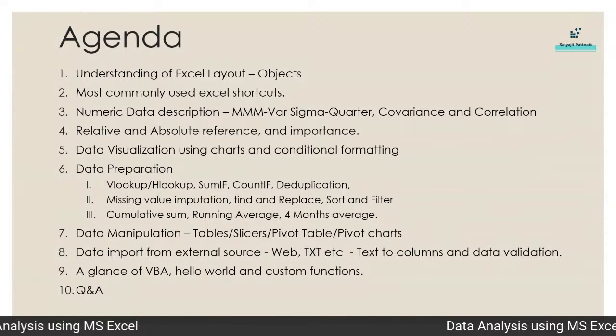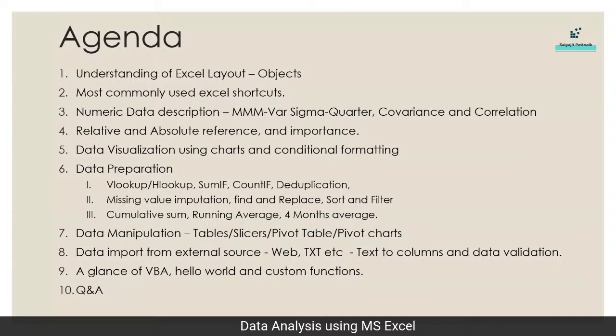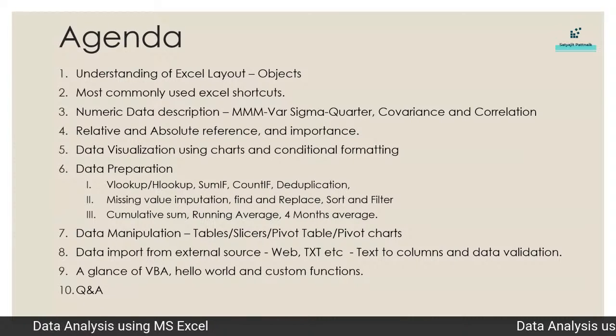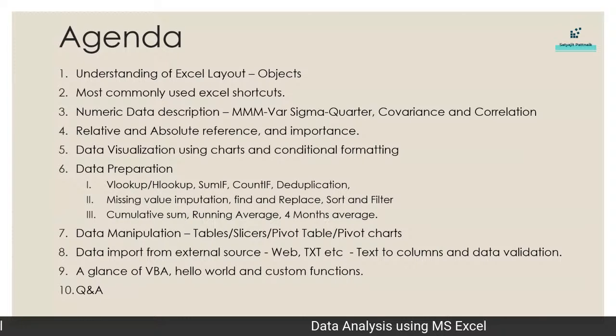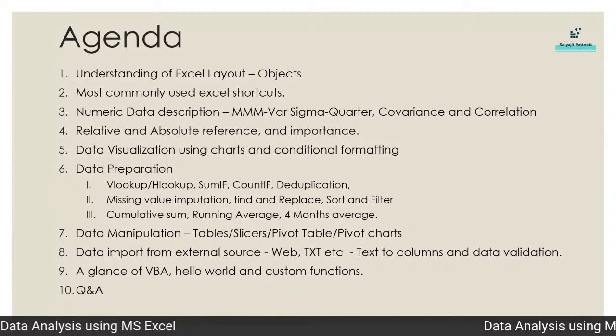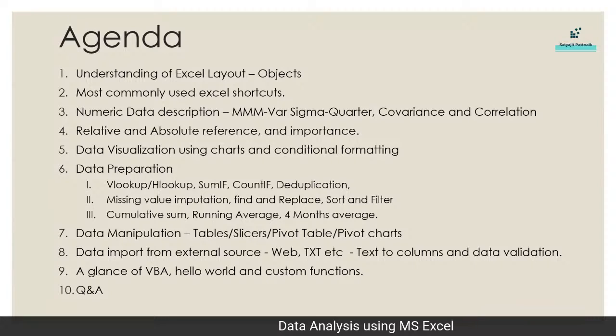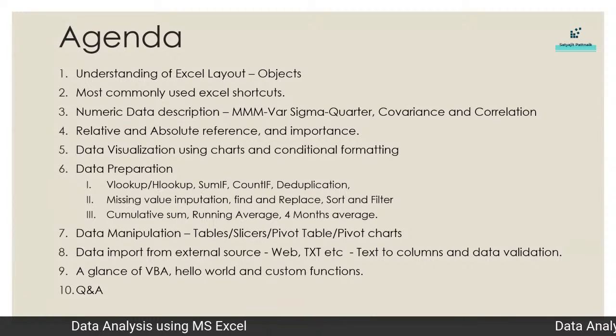Then I'll show some numeric description like mean, median, mode, variance, sigma, covariance, correlation, all those things. And then I'll also start with cell reference. What is an absolute reference? What is a relative reference? And how do we use it? All those things. And some of the visualization charts and some visualization using conditional formatting. All those things I'll be showing today.